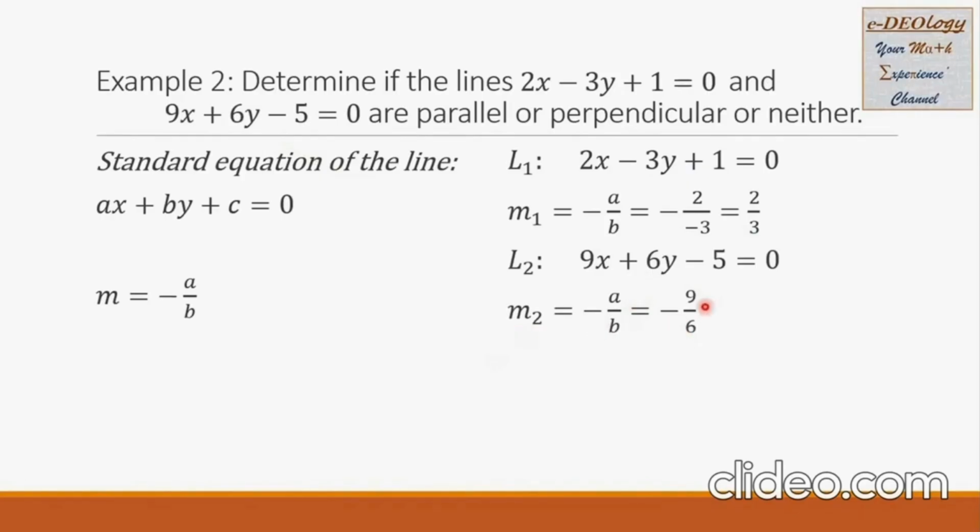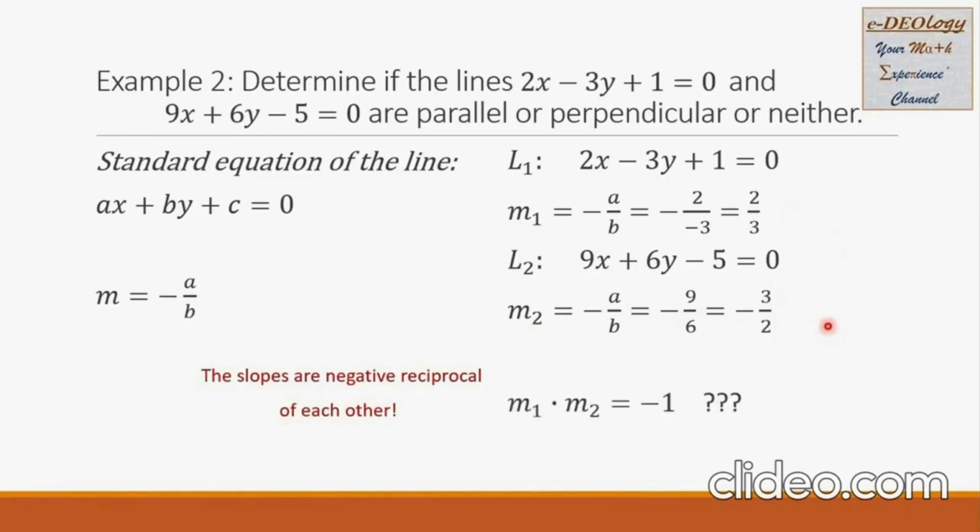Then this negative 9 over 6 can still be reduced to lowest term, and that is equal to negative 3 over 2. We divide each number by 3. So the slope 2 is negative 3 over 2. We can see that the slopes m sub 1 and m sub 2 are negative reciprocal of each other.